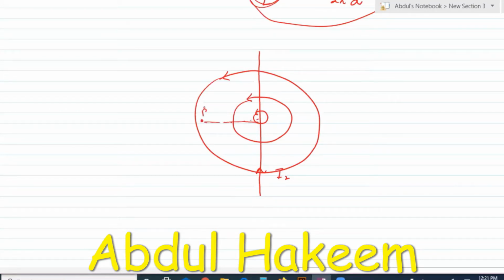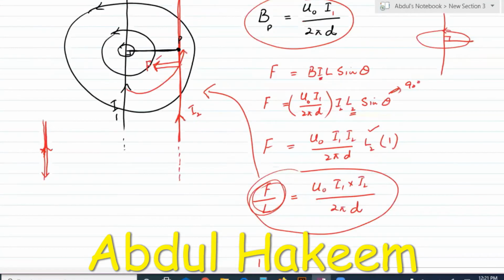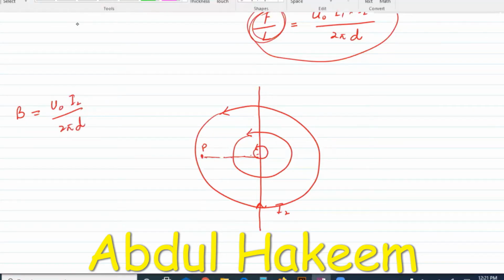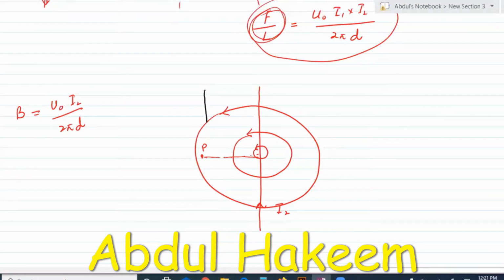So this is P here. Look, instead of this distance, we take this side distance. At this point, the magnetic flux density due to this red wire is mu naught I2 over 2 pi d. Now we place the black wire at this point.